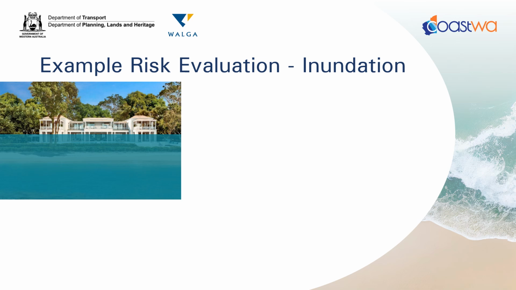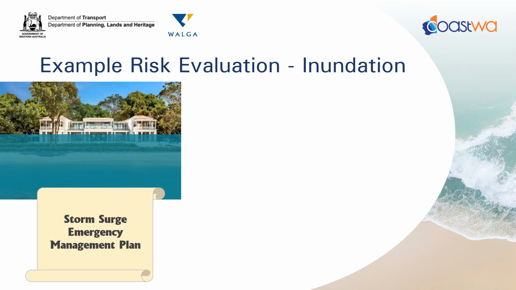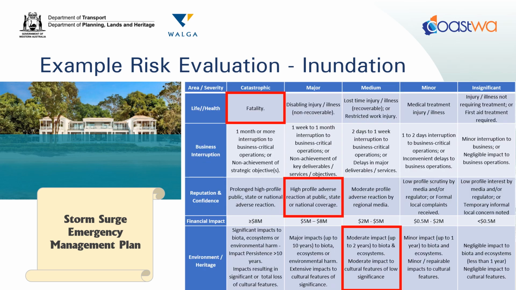When we look at our evaluation for inundation, again, for our general standard, what if we had a storm surge emergency management plan? That emergency management plan is not going to change the potential likelihood of storm surge being experienced, but what it could do is change the consequence.